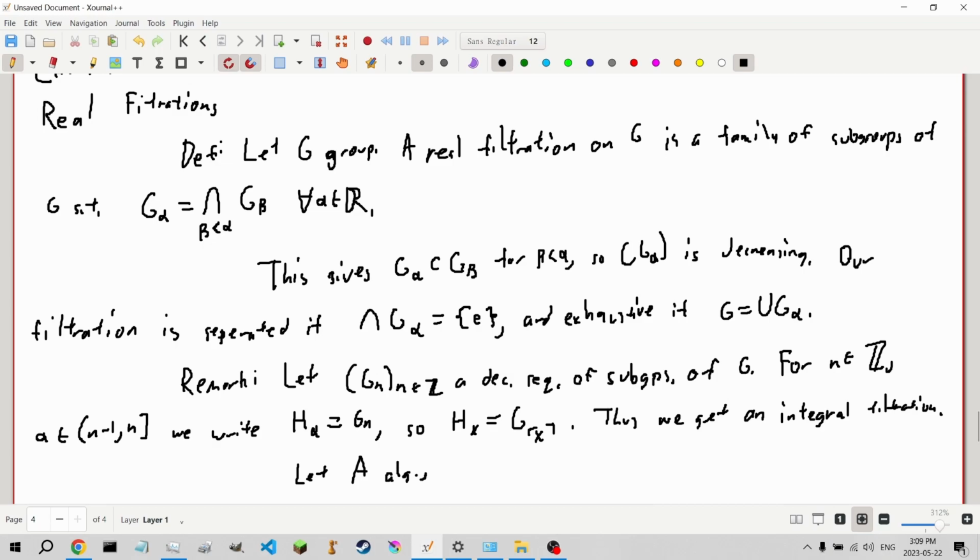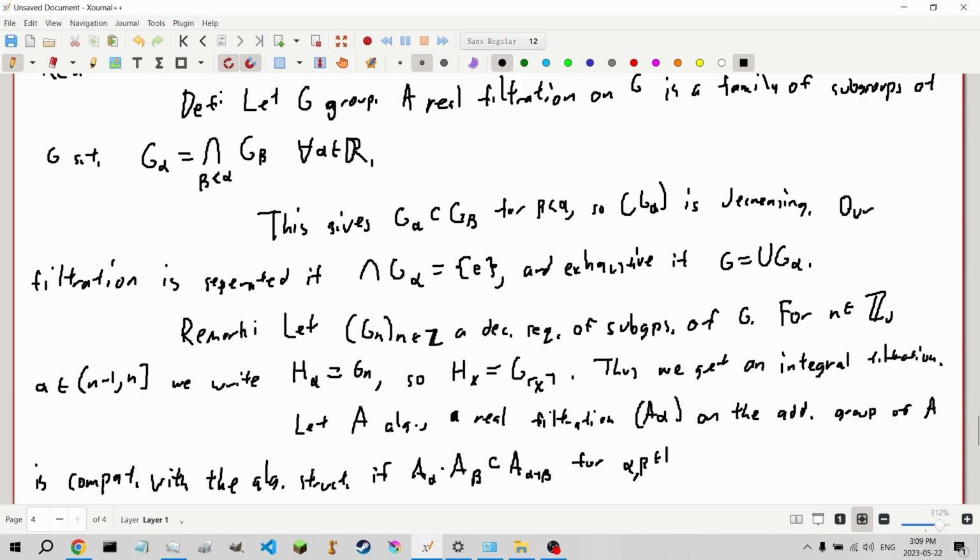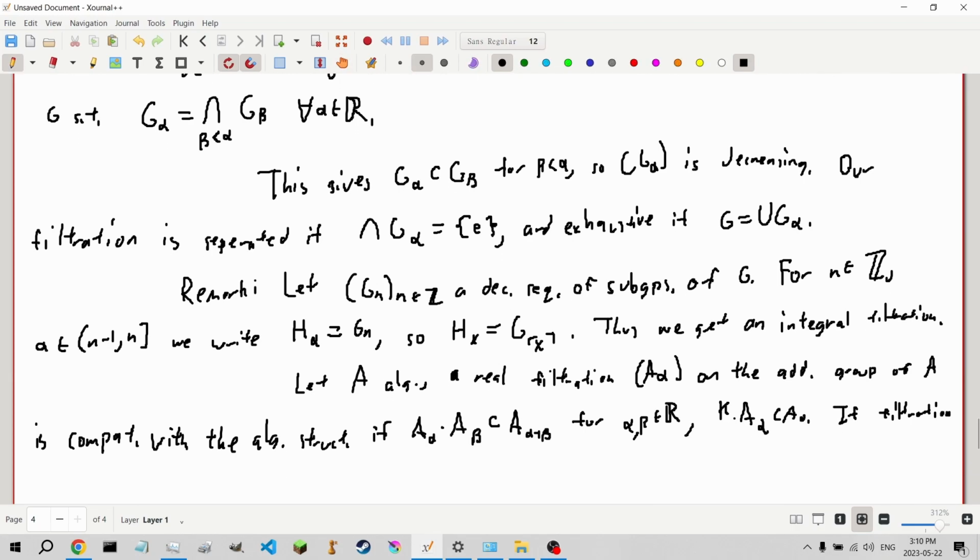Let A be an algebra. A real filtration A alpha on the additive group of A is called compatible with the algebra structure if A alpha times A beta lies within A alpha plus beta for alpha and beta in R, and likewise K times A alpha is within A alpha, if the filtration is exhaustive.